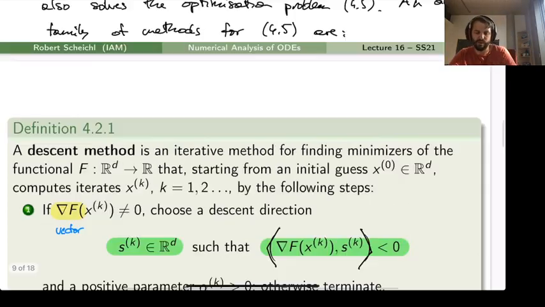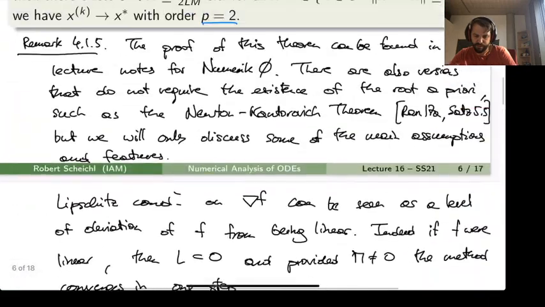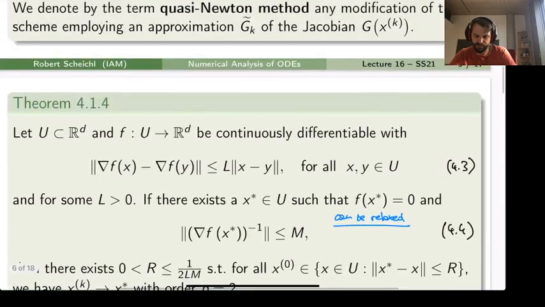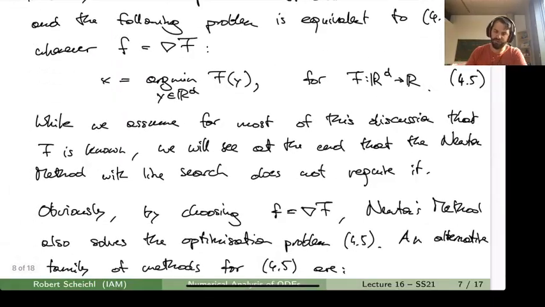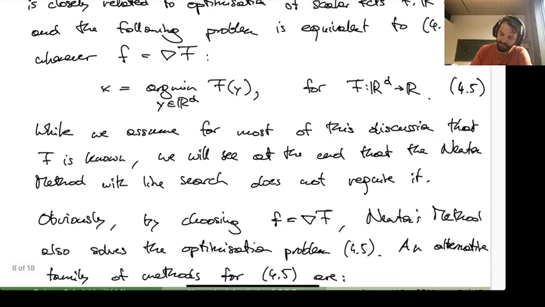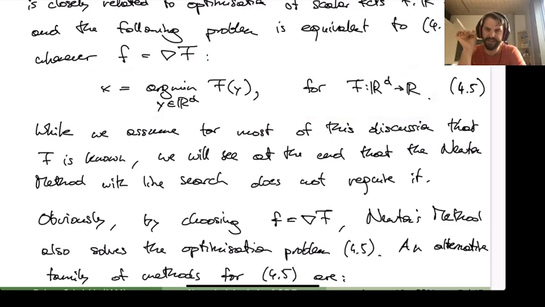We want to solve the minimization problem. Where's our minimization problem? Here. We want to solve the minimization problem given here. So we want to find the x that minimizes capital F over all y in Rd.